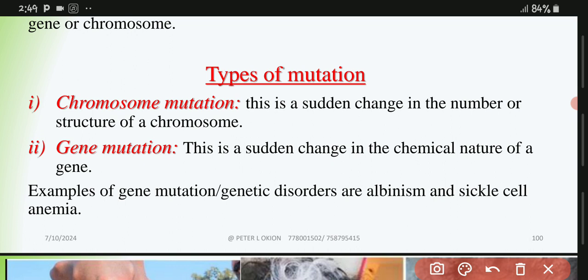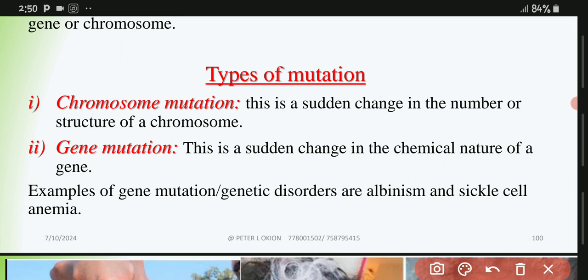This mutation occurs in the structure or the number of a chromosome.